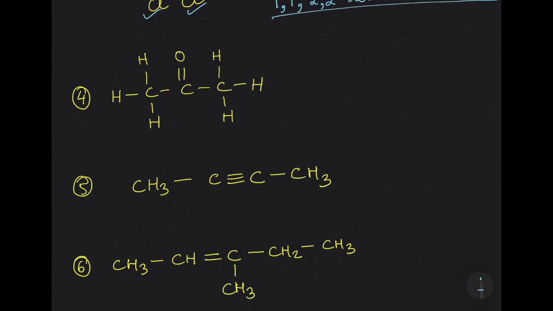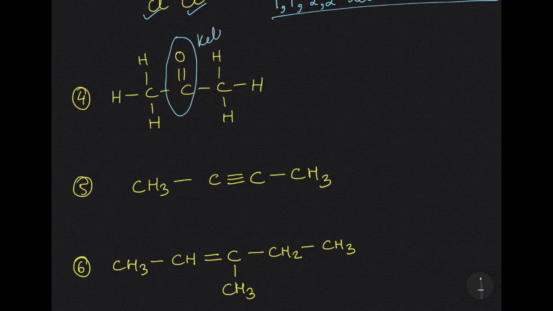Okay. Moving on here, again remember, what does this tell you? This is a ketone. Okay. So again, how many carbon atoms? 1, 2, 3. So what is the root name? Prop. Between carbon atoms, all single bond. So ane. So this is propane. Okay, propane. And where is the ketone group attached?